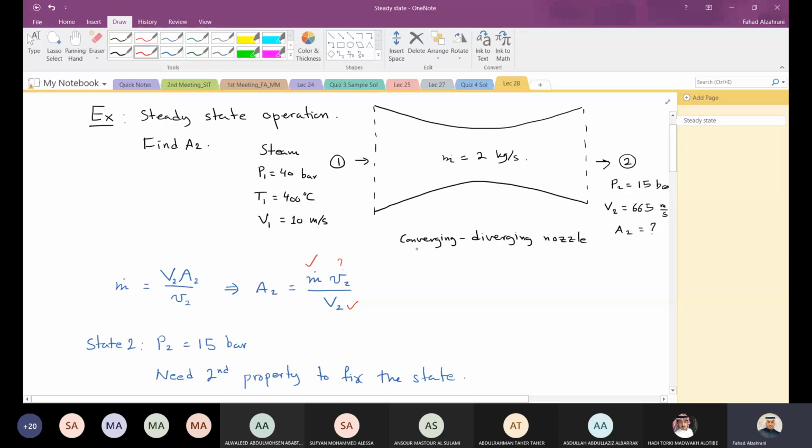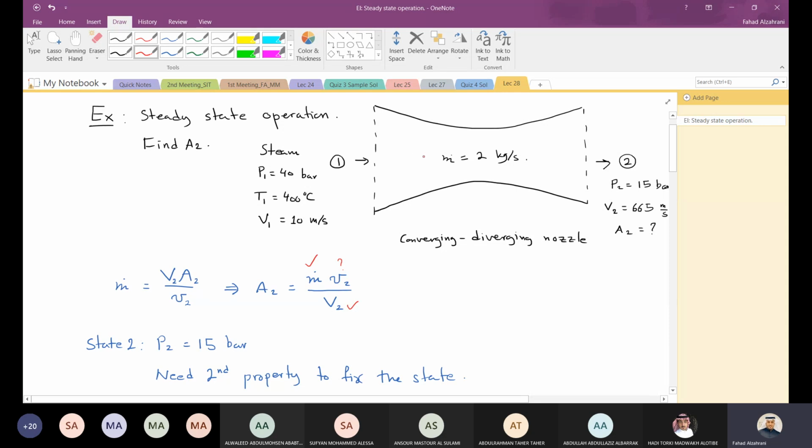So this is a steady state control volume. Do I have a relationship between maybe the inlet and the exit? Mass in minus mass out equals 0. I know this already. This is mass balance.